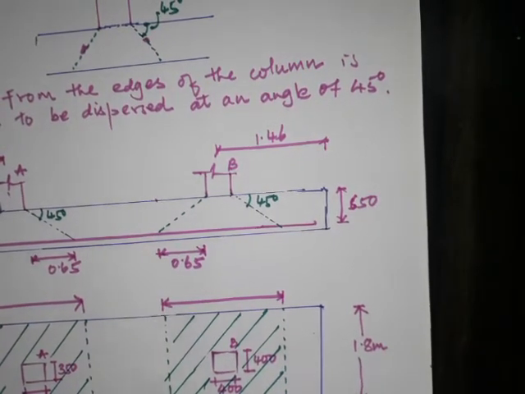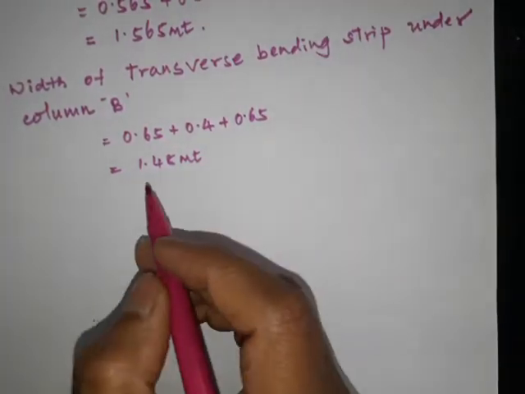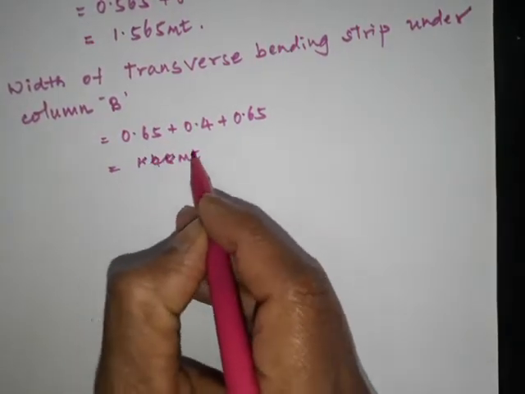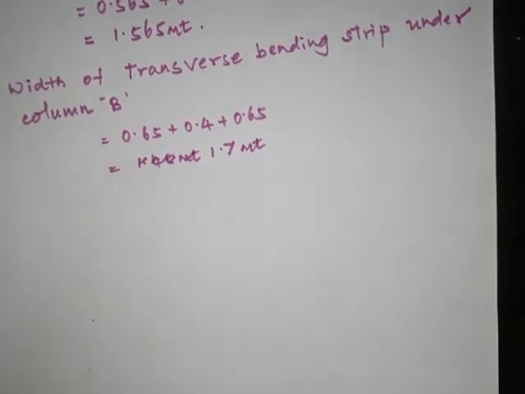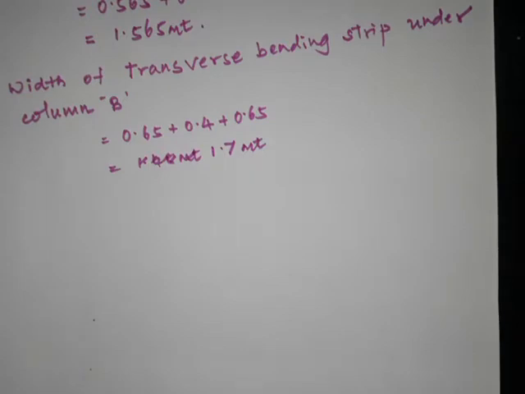Sorry, it is 1.7, it is not 1.48. Sorry, you make a small correction here. It is 1.7 meter. Then after that, you have to go for the next calculation.